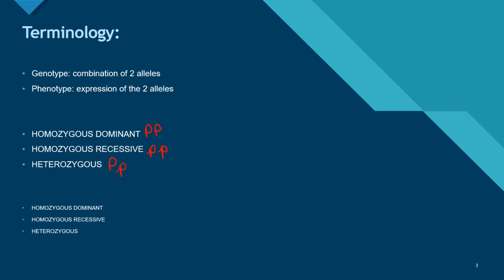I wrote it out again at the bottom here, because the first time we wrote it was the genotype. The phenotype is actually how we talk about it. So if I made big P represent purple, and little p represent white, big P, or purple, would obviously give us purple.